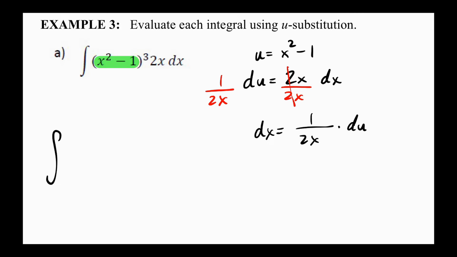So not that way. You're right. But not that way, but in terms of what we did earlier in steps. U, right? Isn't x squared minus 1 the same thing as u? They're the same thing, right? So instead of this highlighted stuff, I'm going to replace it, substitute it with u. So it's u to the third power.